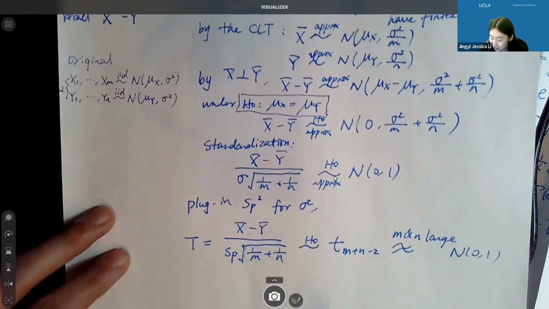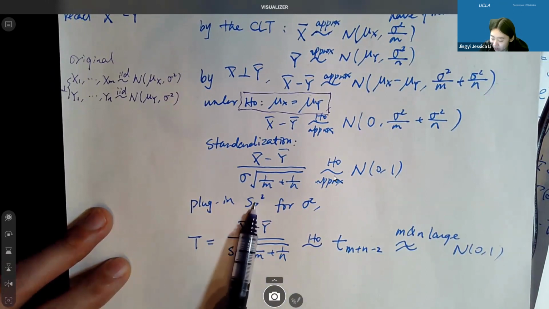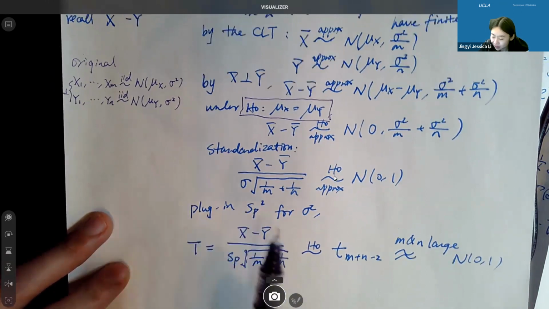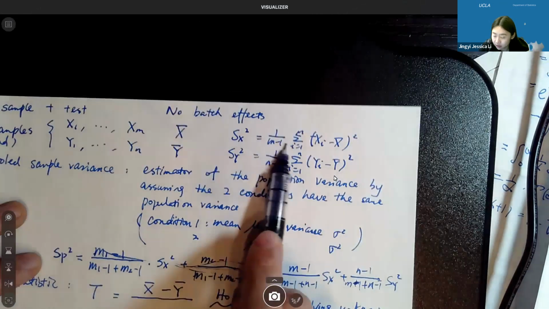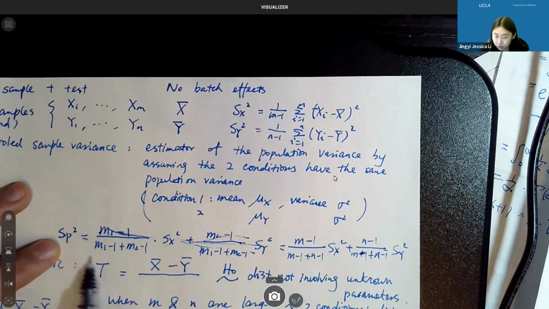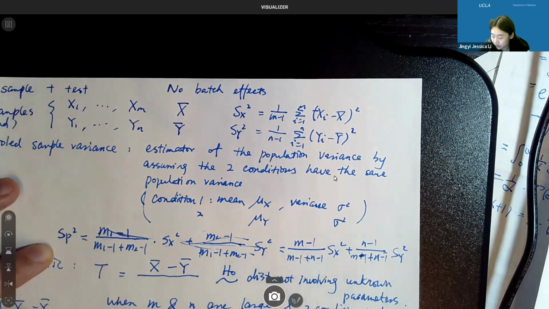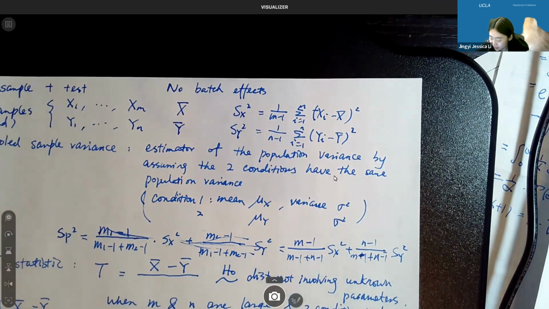So we use the so-called pooled sample variance, pooling the sample variances of the X sample and the Y sample into S_P square by a weighted sum, and the weights are determined by the sample sizes.